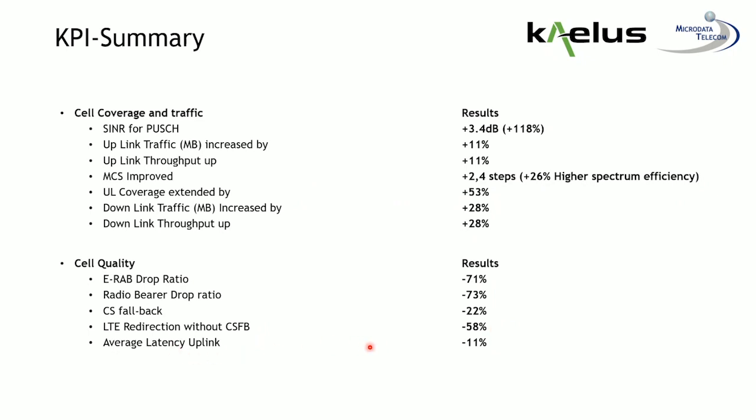Average latency in uplink is down 11%. Even though we have 11% more traffic, latency is still down 11%, which corresponds to, of course, the uplink throughput that is 11% higher. So all in all, the KPI improvement from such a tiny and simple and easy to handle device as a TMA is quite impressive.